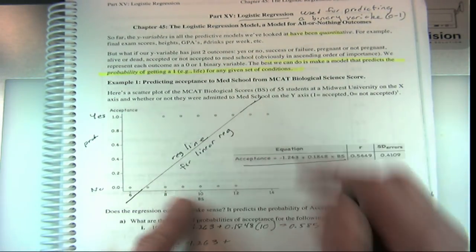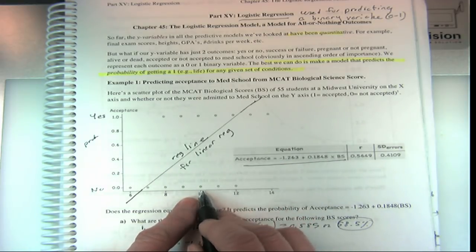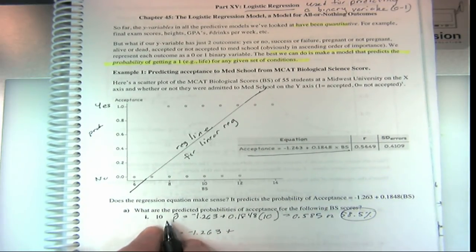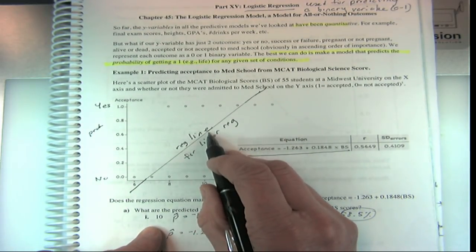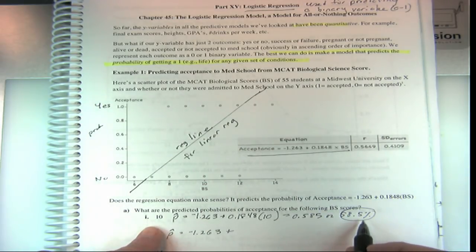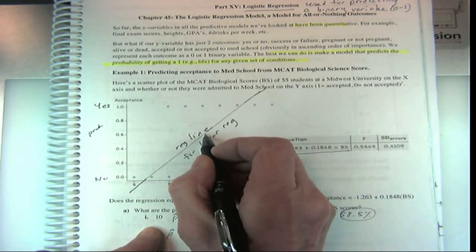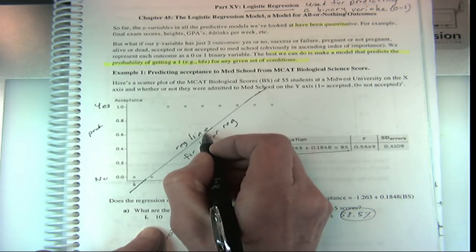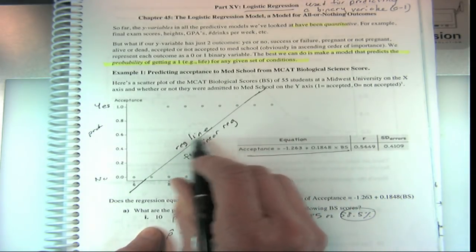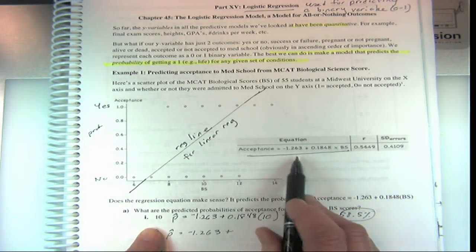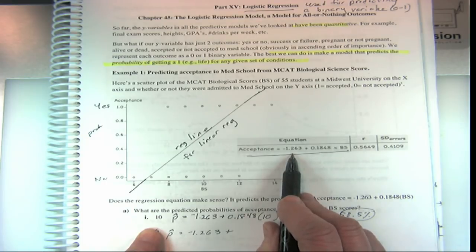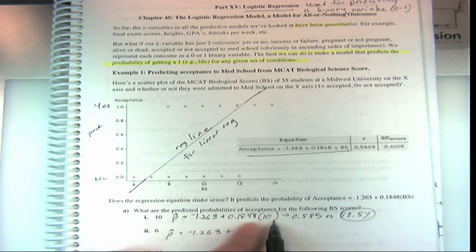It does okay in the middle, for example, for 10. For somebody who got a 10 here, we get 58.5%. I'm just using the least squares equation and plugging a 10 in, and I got 58.5%.